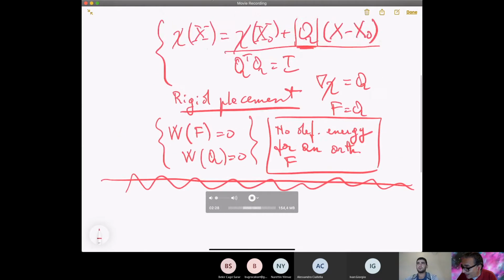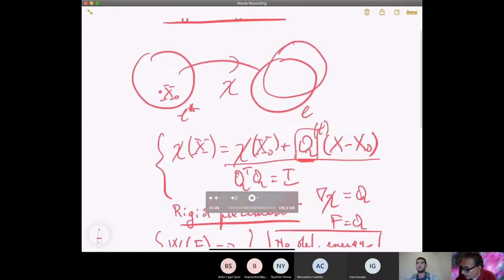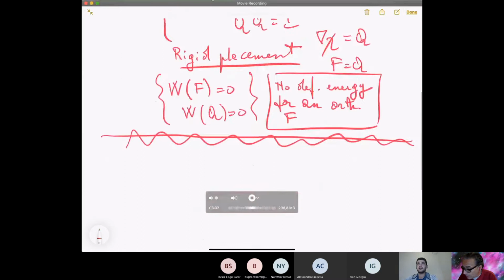So when you have a sequence of rigid body placements, so when Q depends on t and you have different placements, so in different instants of time you have different positions and different placements of the body. When the orthogonal matrix Q is varying with time, in general, you can also have that this position is varying in time. You have what is called a rigid motion.